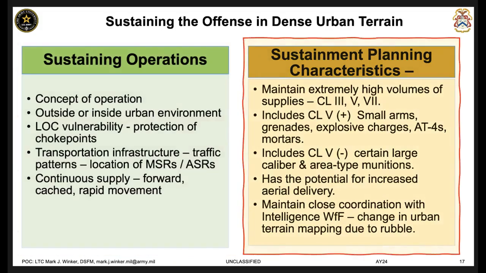Sustainment planning involves maintaining high volumes of critical supplies, such as classes 3, 5, and 7, coordinating closely with intelligence for urban terrain mapping, and leveraging the potential for increased aerial delivery.